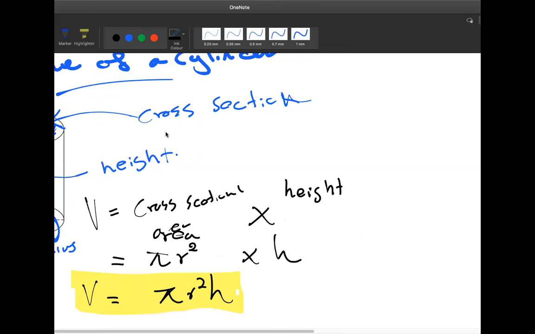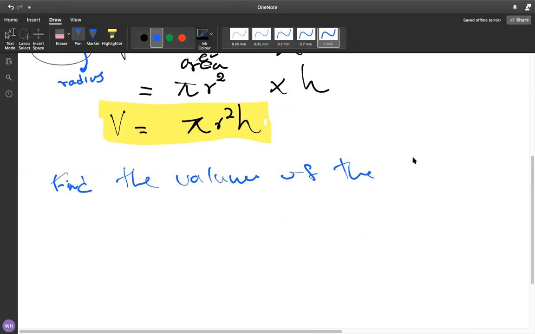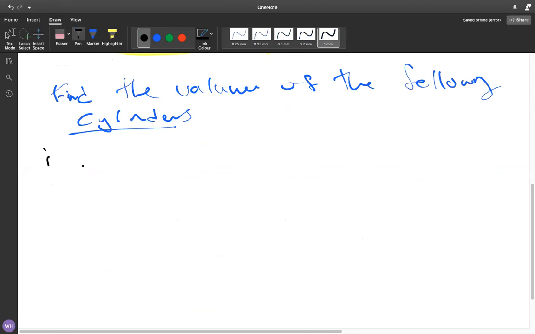All right, so guys, write an example, simple one. Find the volume of the following cylinders. I will give you some parameters so you can find it.